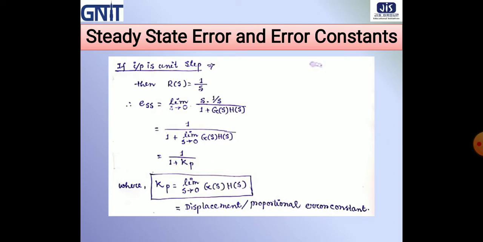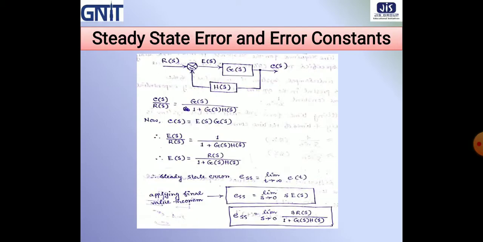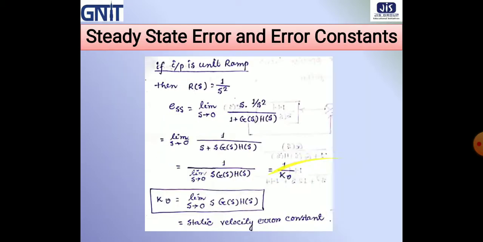Now for this particular equation, if R(s) is a unit ramp, then R(s) will be 1 by s square. Then it will be 1 by limit s tends to 0 of sG(s)H(s).